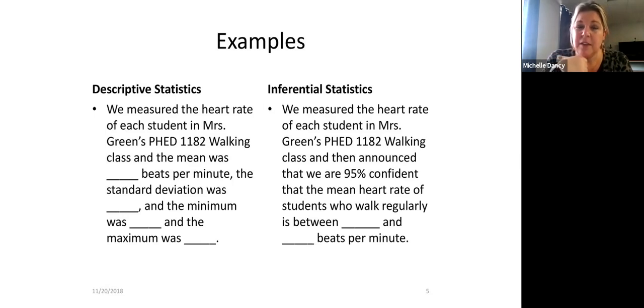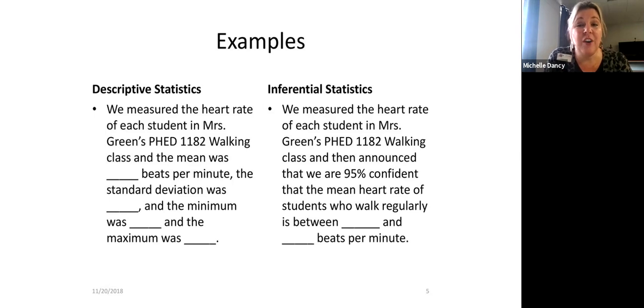Under descriptive, we measured each student and we said, here's the results. We can do that because her class is not that many people. Inferential, we measured using a sample, which was Mrs. Green's class, and then we drew conclusions about every student.